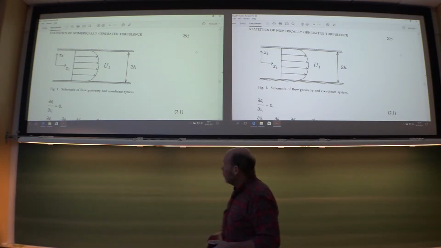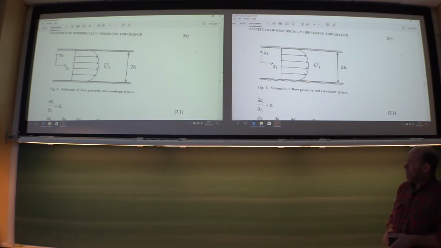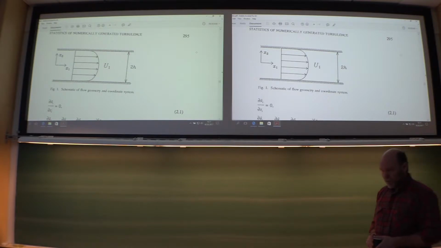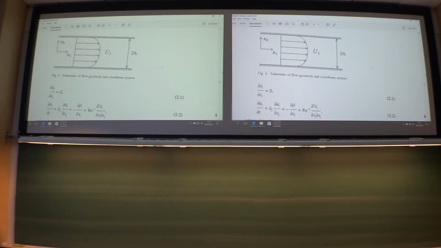So DNS of the flow between two parallel plates, and here mathematicians don't use x, y, and z. They use x1 and x2 and so on. So we have to rewrite the article a little bit. So here you have the problem.